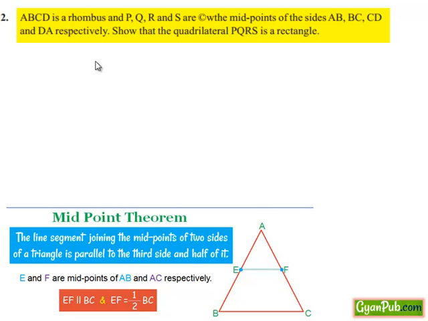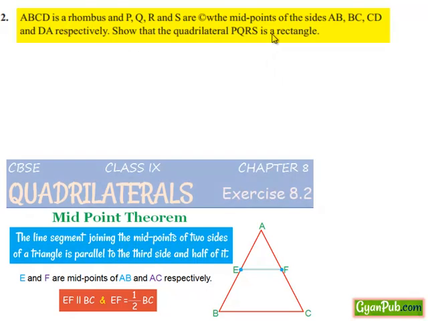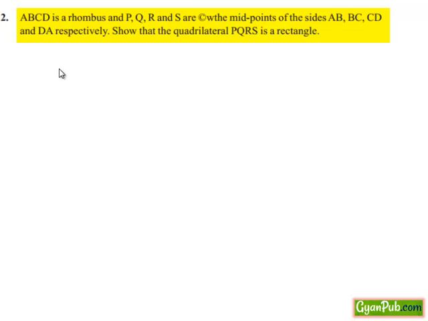Moving on to the second question. ABCD is a rhombus and P, Q, R, S are the midpoints of the sides AB, BC, CD and DA respectively. Show that quadrilateral PQRS is a rectangle. Now moving on to the solution.